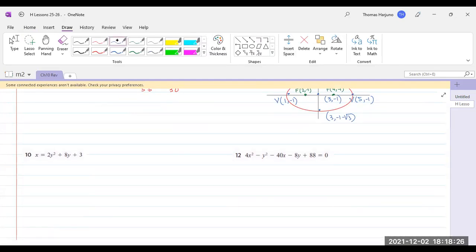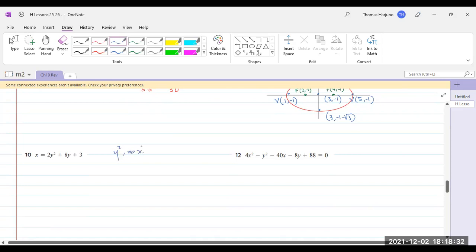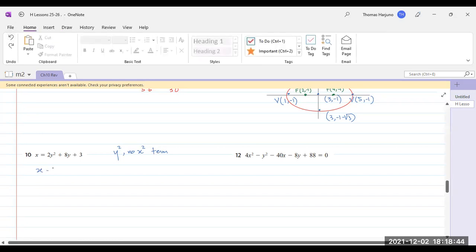Number 10. We have a y squared term and no x squared term. We have an x term though. So this will be a parabola, right? You know what? Let's move the 3 to the other side first. x minus 3 equals 2. I will factor the 2, and then complete the square.